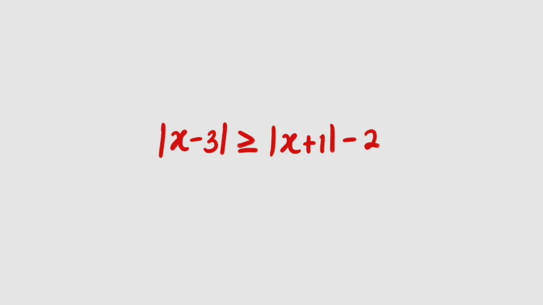Let us create our intervals by finding the zeros of these two functions. If you set this one to be equal to 0, it implies x equal to 3, because it is only if x is equal to 3 that this function will be equal to 0. Then by setting this one to be equal to 0, it implies x equals negative 1.